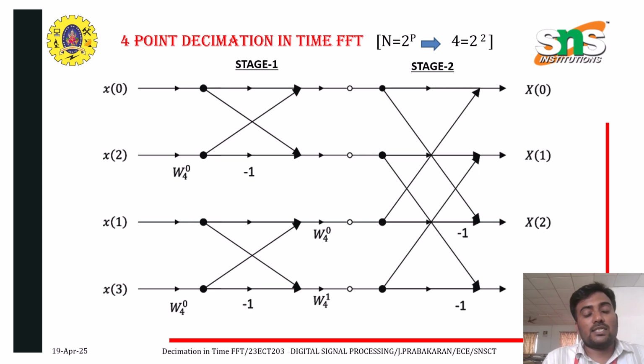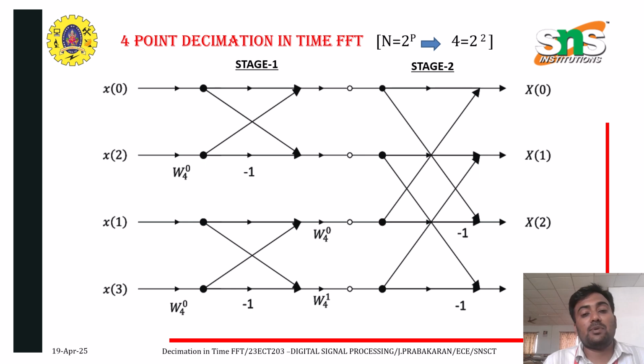And here you can see the flow graph for the 4-point DIT-FFT. Here, this is the formula for radix 2: capital N equals 2 power p.